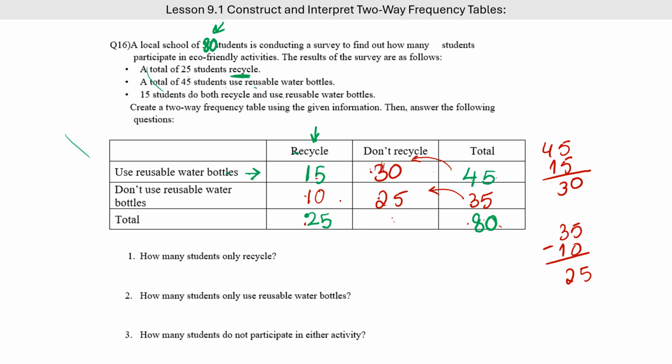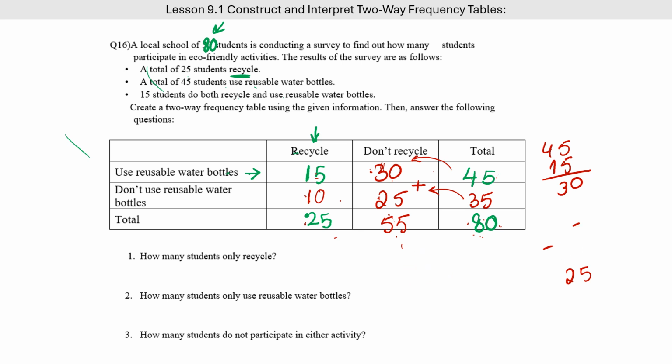If I need the total, I add. So 30 plus 25 gives me 55. Now I want to check, is my 80 correct? 25 plus 55, does it give me 80? 0, 5 and here, yes, it gives me 80. So all my calculations over here are correct.